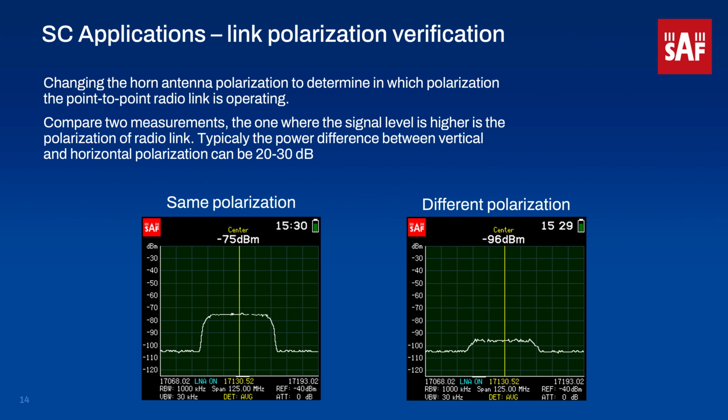Typically this difference can be anywhere from 20 to 30 dB. For some antennas it can be less, but this is the ballpark figure with which you would determine whether they are transmitting in a different polarization than you are using with the horn antenna.